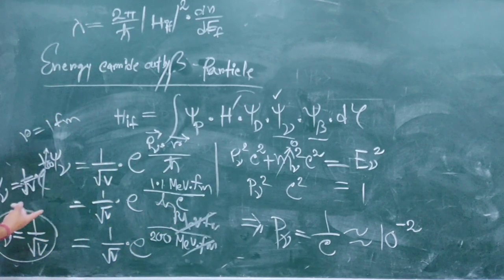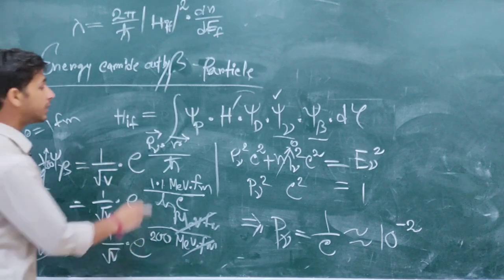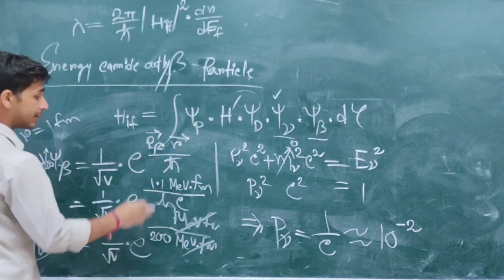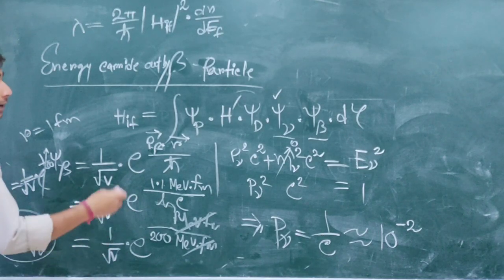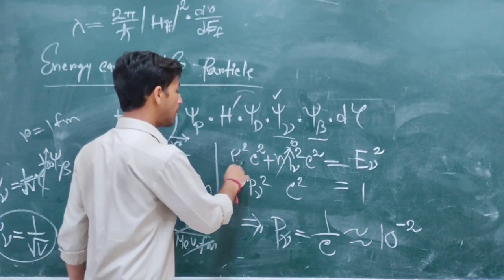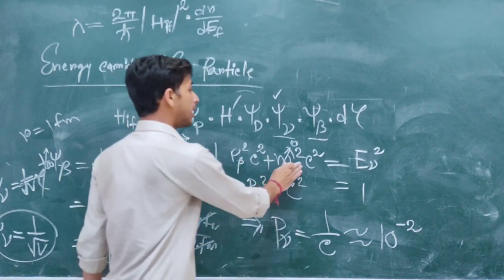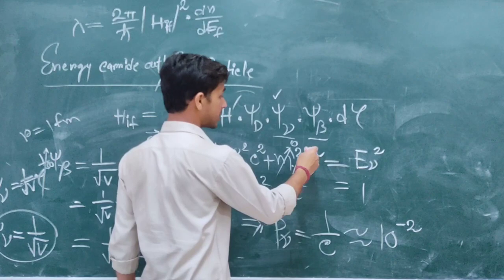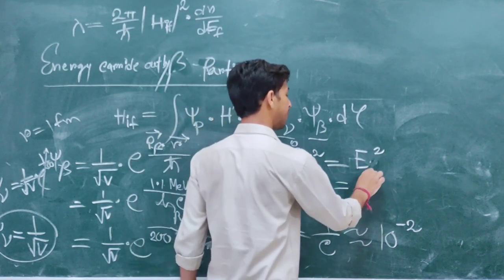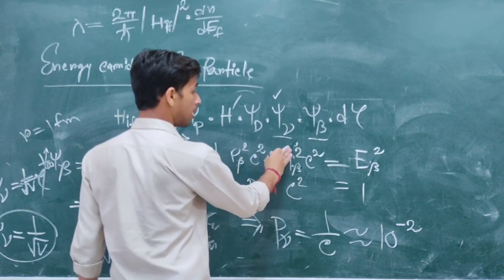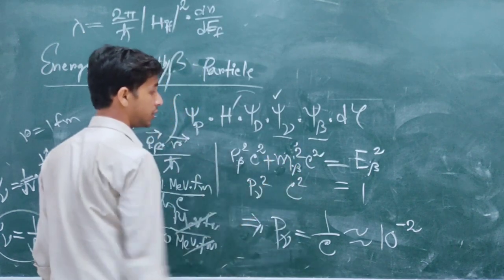The wave function of psi_beta is equal to 1 divided by root V e to the power P_beta dot R divided by h cross, and for beta also the relativistic energy, that is P_beta squared C squared plus m_beta naught squared C squared, is equal to the energy of the beta particle. Similarly, in this case the mass of the beta particle is not equal to 0.